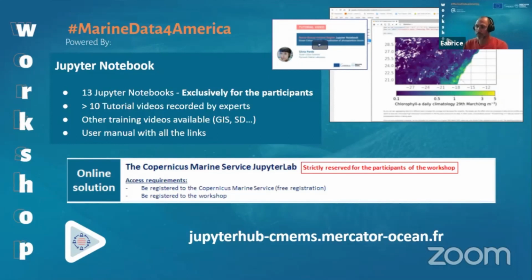So don't hesitate to have a look at this webpage. You will also receive the user manual with all the links to access this material. The Jupyter Hub is available and you can access it directly if you are registered to the Copernicus Marine Service. As a reminder, the registration is free. So you can go on the Jupyter Hub directly and you have access to the different Jupyter notebooks. Don't hesitate to practice and to play with all this material.